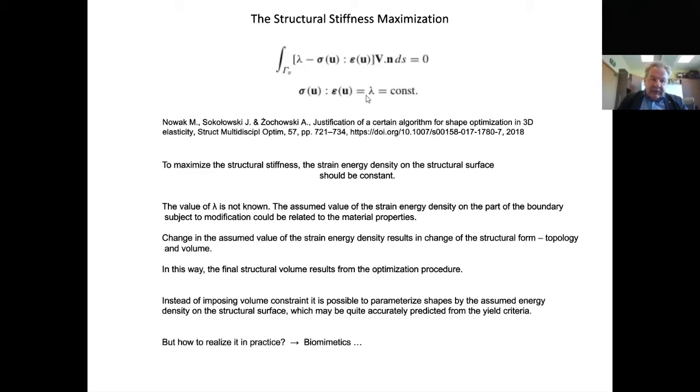And this strain energy density is just the Lagrange multiplier.